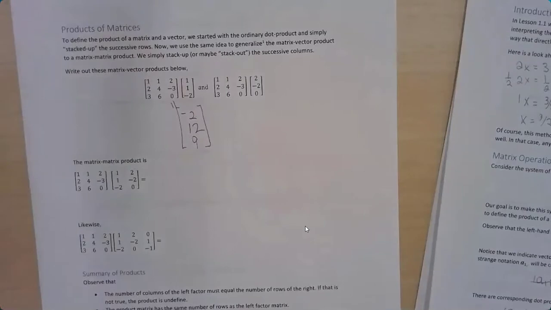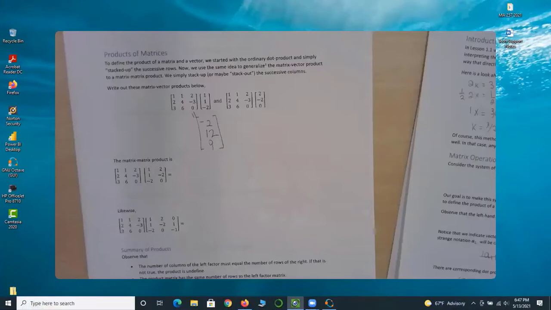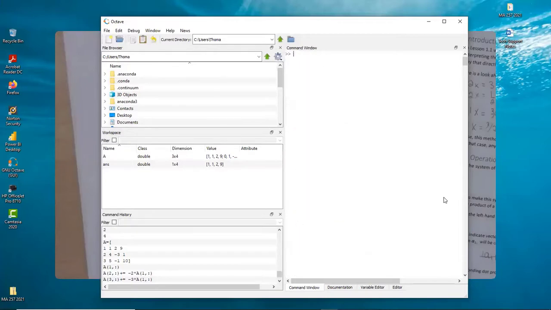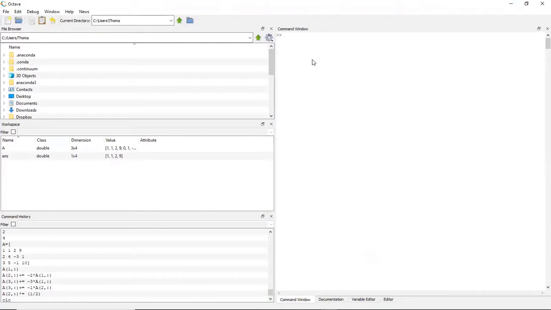Now, these all can be done on Octave as well, or MATLAB, whichever one you're working with. So let me pop that up and do that. By the way, CLC means clear command. It's a handy command to have available. So A is going to be this matrix. Do I already have that one in?